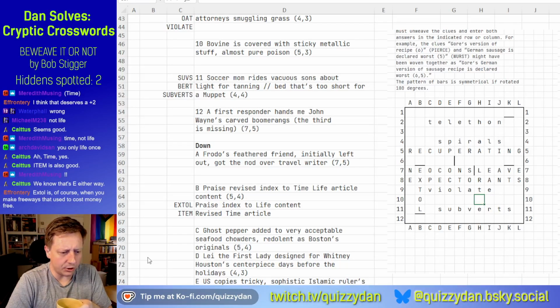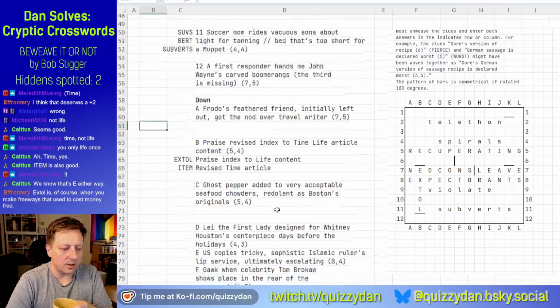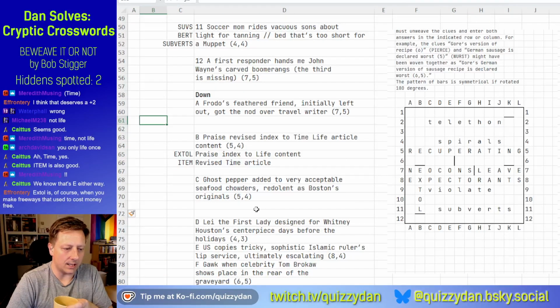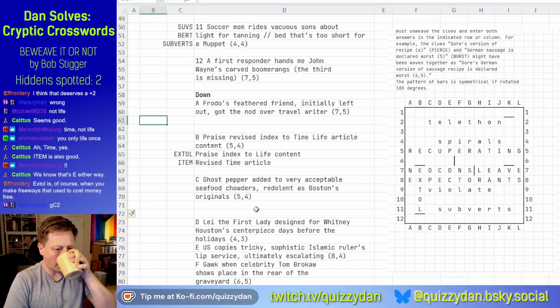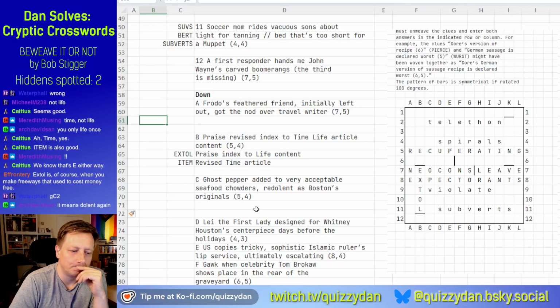Ghost pepper added to very acceptable seafood chowders. Redolent as Boston's originals. I don't know what redolent means. Ghost pepper added to very acceptable seafood chowders. Redolent as Boston's original. It means donut again.